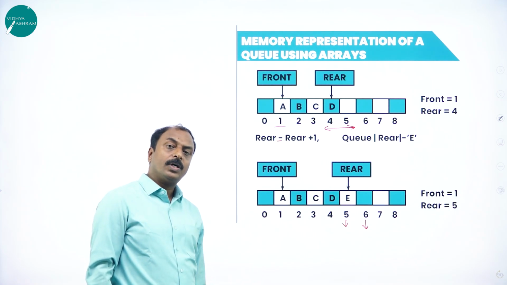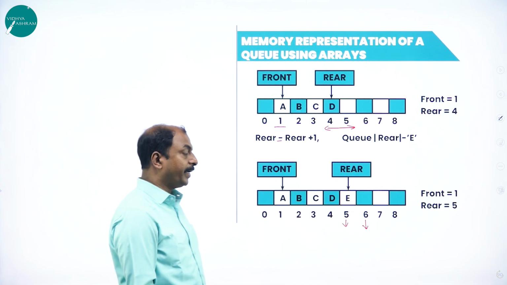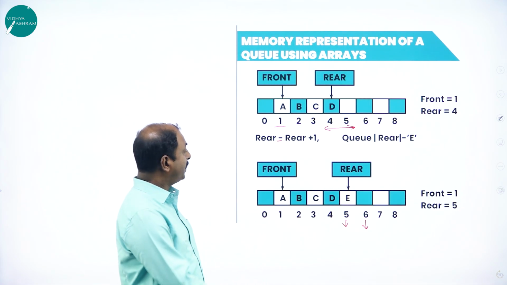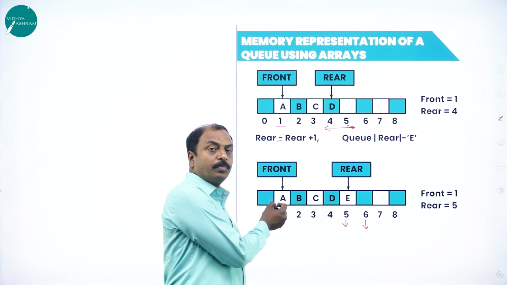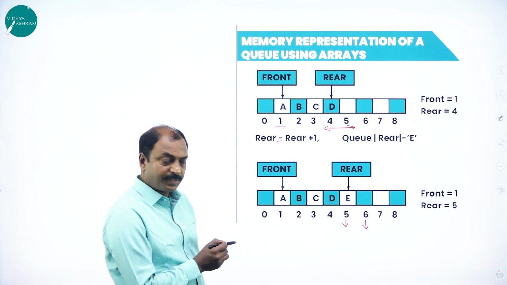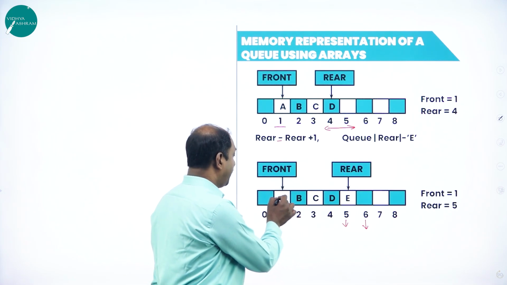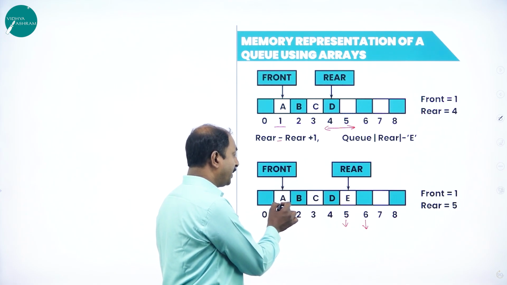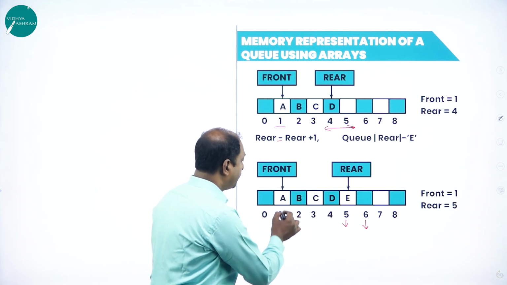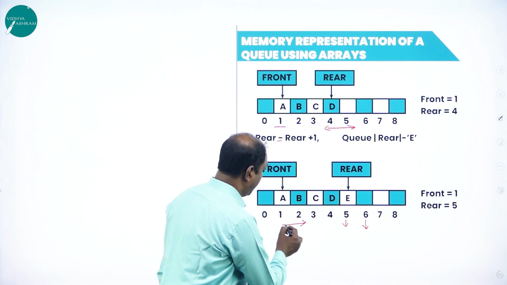Now we want to delete an element from the queue. Only the first element inserted has to be removed first, according to the FIFO principle. So if you want to delete one element, that has to be A. Here in this example, we have to push the front pointer from here to this point.